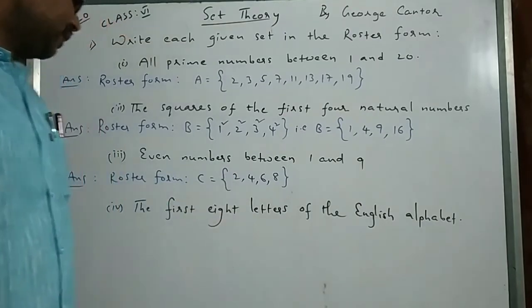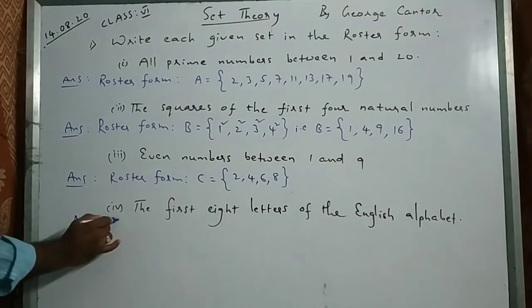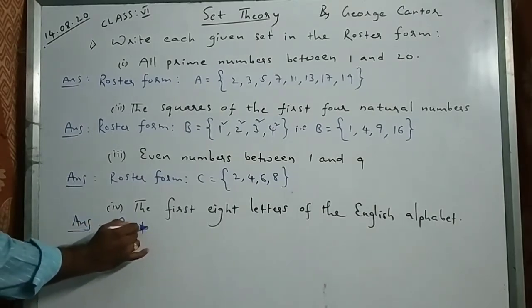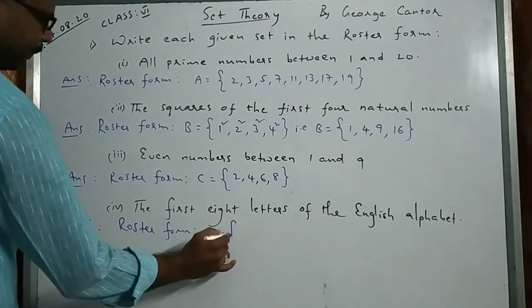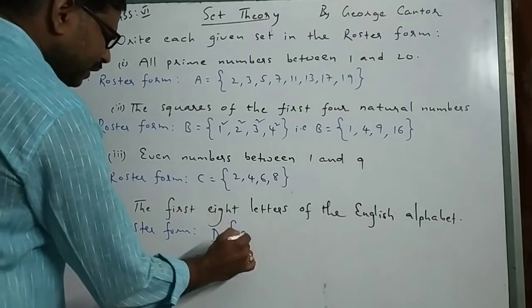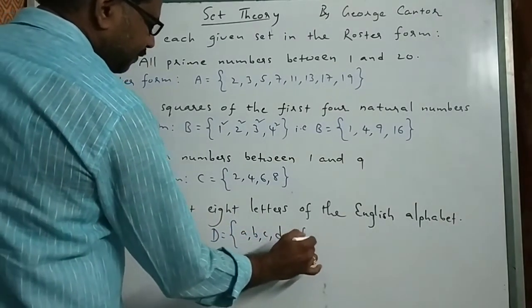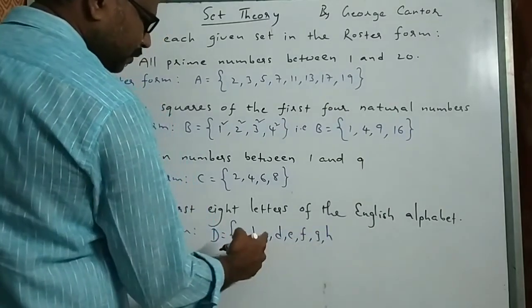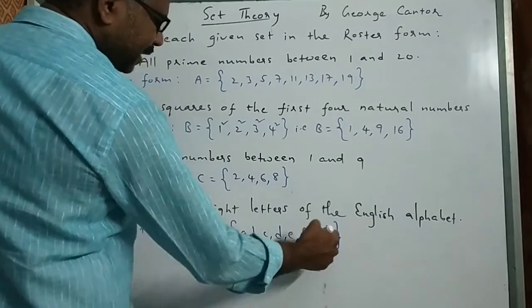Okay, even numbers. The first 8 letters of the word roster form. Let me take the set D. What are the first 8 letters of the English alphabet? A, B, C, D, E, F, G, H. That's all. 1, 2, 3, 4, 5, 6, 7, 8.